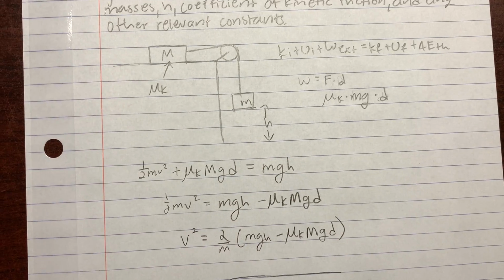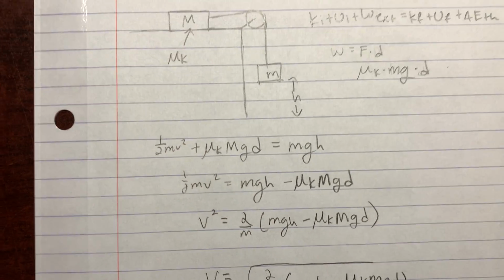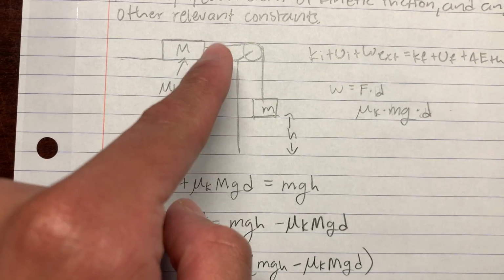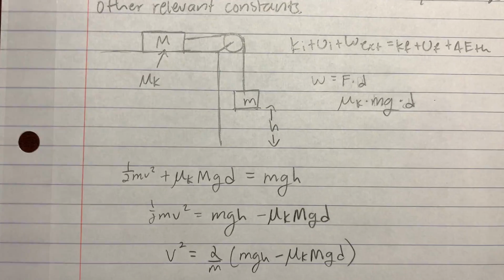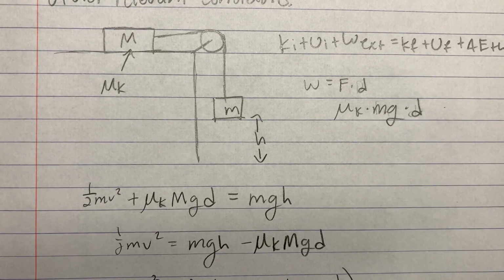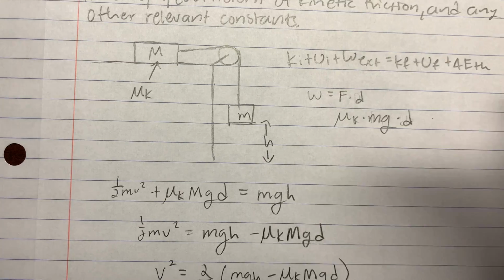For kinetic energy, we know it's 1/2 mv squared, with big M, plus there is no potential energy initially. It is 0. But there is external work, which is friction.